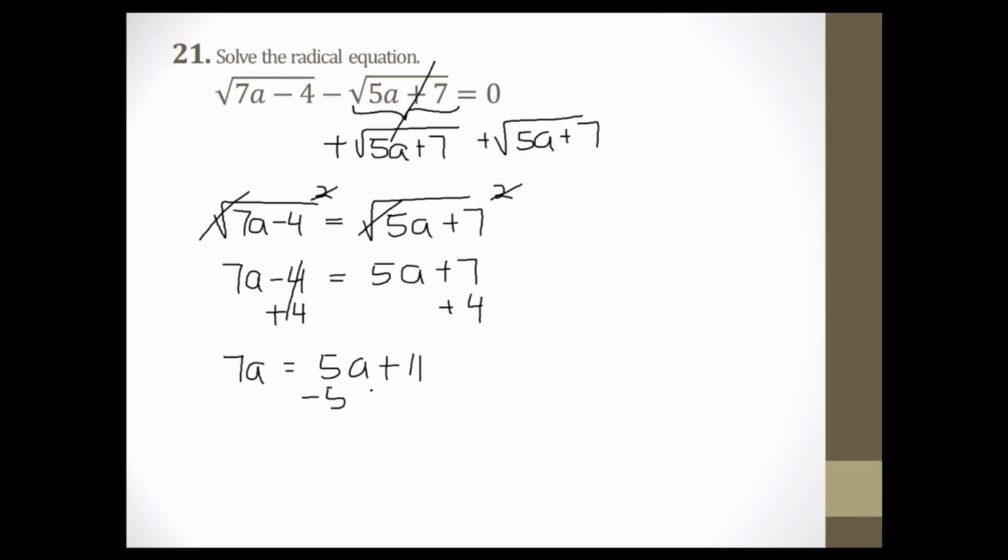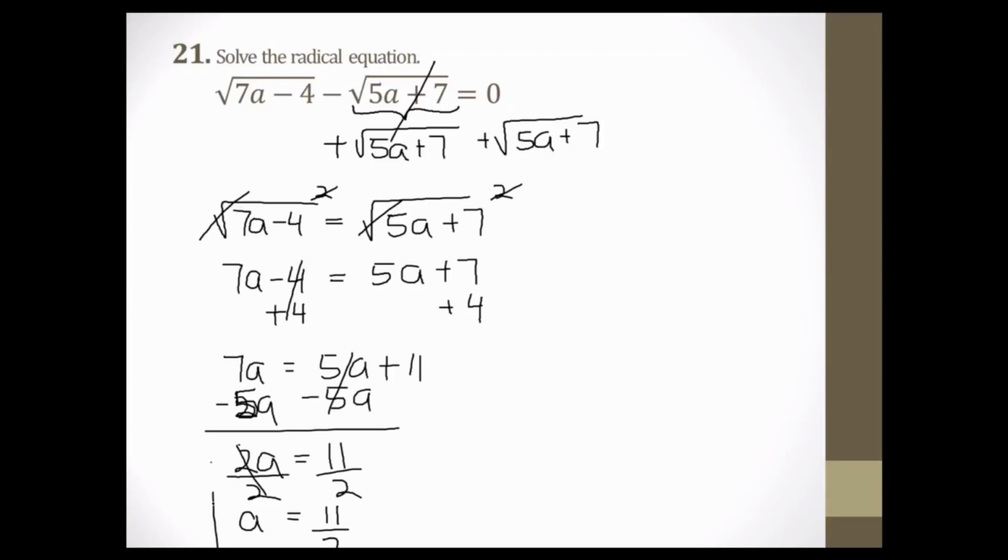Now subtracting 5a, that gives me 2a, which is equal to 11. So dividing by 2, we are left with a equals 11/2. If you are not able to see your answer in the answer choices, then you should go back and plug it into the original equation for a to see if you would get a true statement. But in this case, this is one of the answer choices, so a is equal to 11/2.